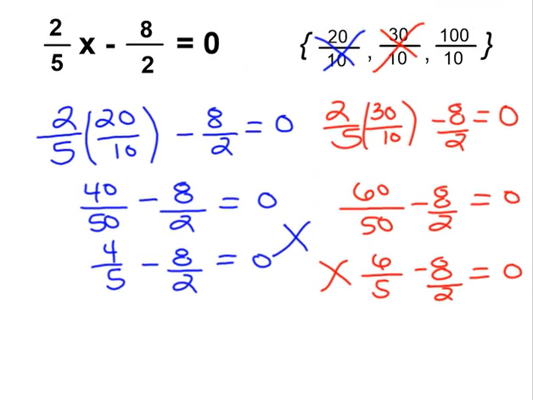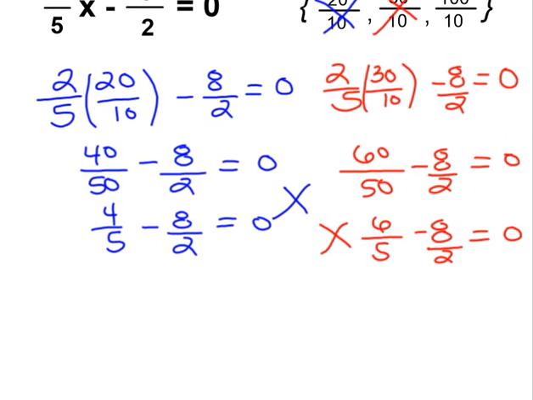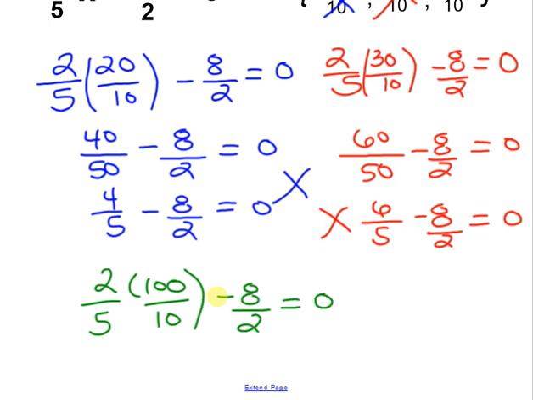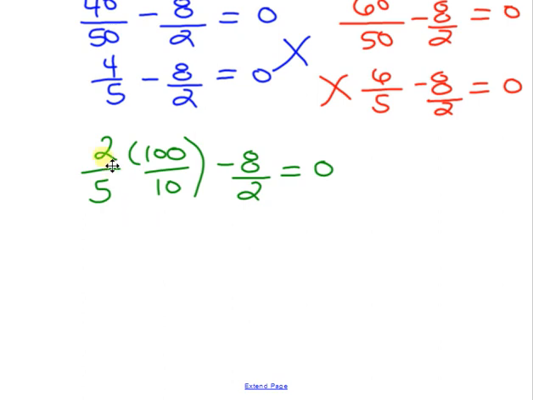So the last one was 100 over 10. So I have 2 over 5 times 100 over 10 minus 8 over 2 equals 0. So 2 times 100 is 200. 5 times 10 is 50.